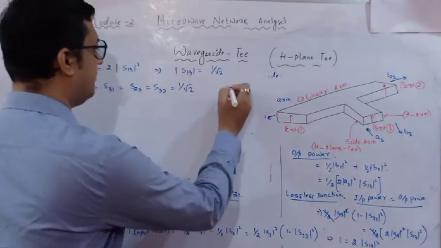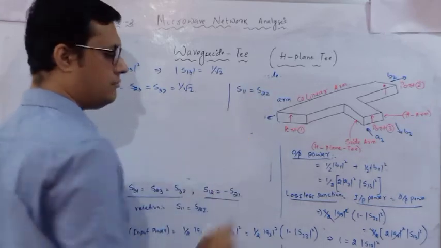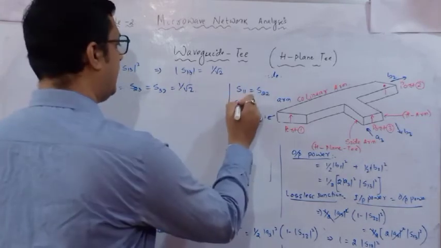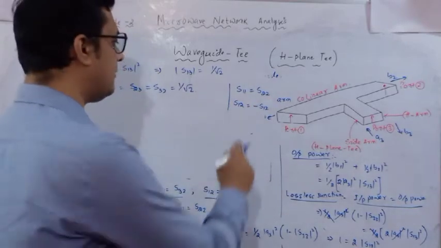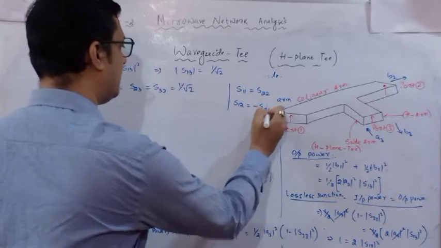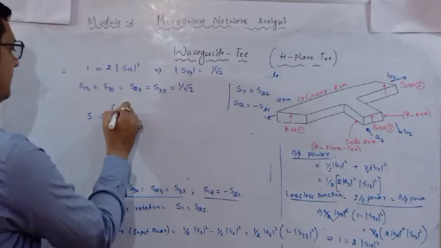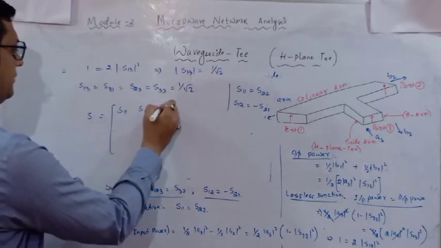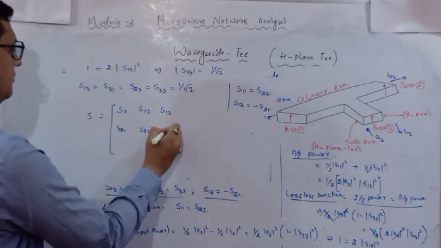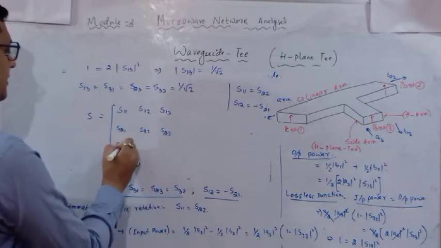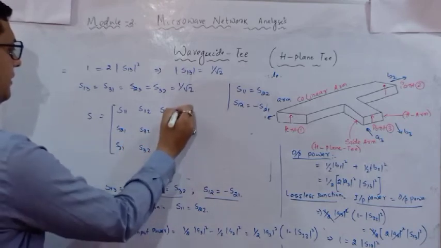Now here we have S11 is equal to S22, and S12 is equal to minus S21. Now I will represent all my scattering parameters: S11, S12, S13, S21, S22, S23, S31, S32 and S33.